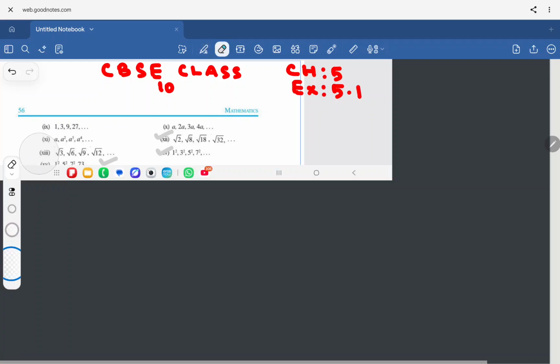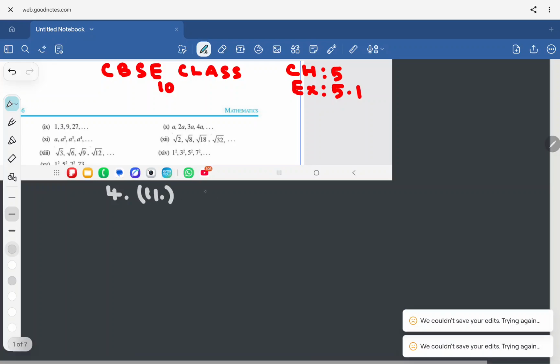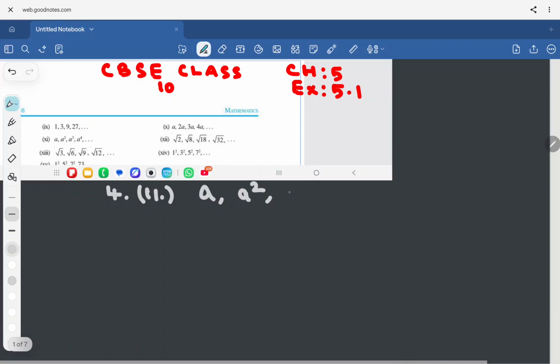Problem number 11th one, that is 11th subdivision. It is given as a, a square, a cube, a power 4. We have to check whether this one forms an AP.